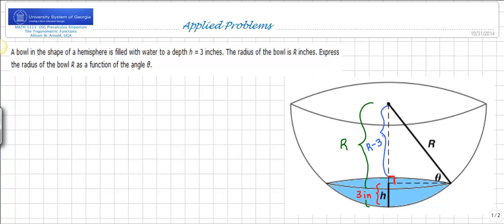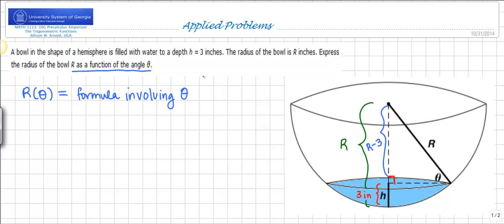Now what you want to end up with is r as a function of theta. So you want r of theta equals, so you expect a formula involving theta. We've practiced this before when we looked at setting up functions.